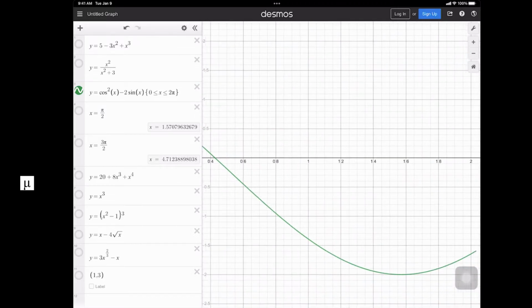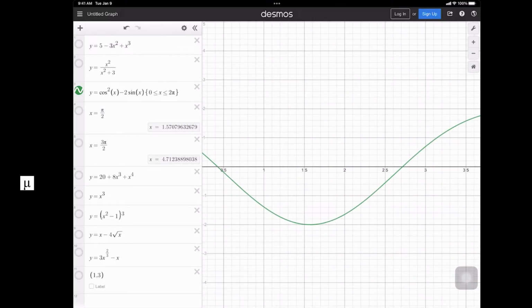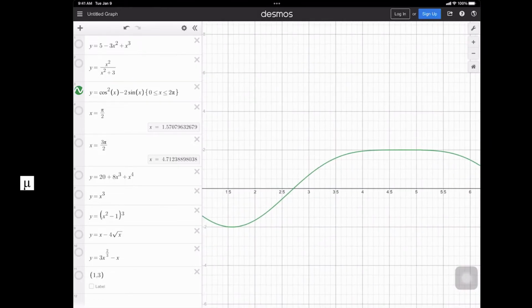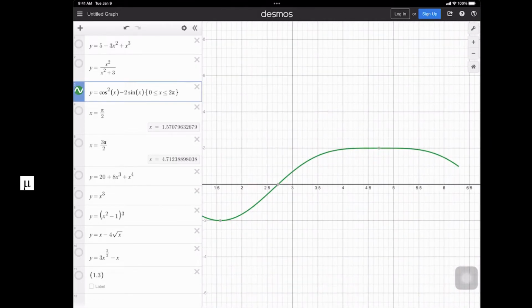And then from this value to that value, we are concave up. And then from this value all the way to this value here, we're concave down. Sorry, you can't see. So it kind of looks like it could be pretty good.